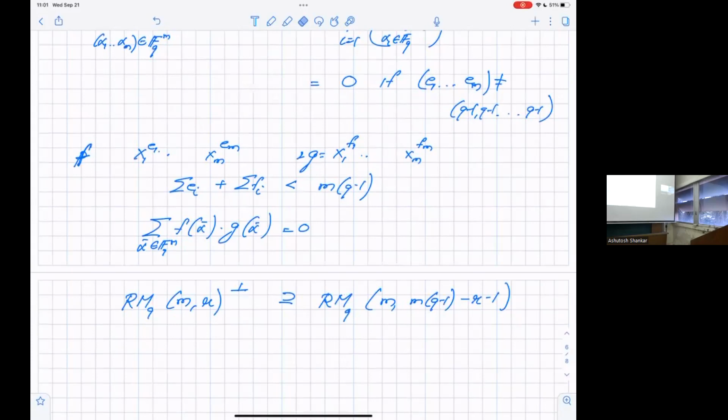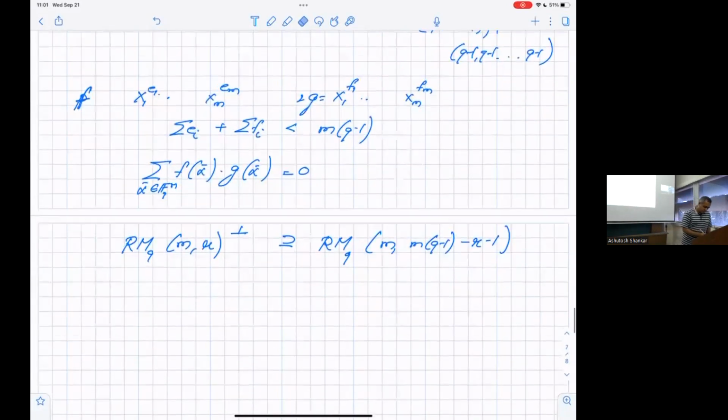So the sum of these two is always q power m. What I want to claim is that this is an equality. Matching dimensions. You need to check this out, but you get matching dimension.